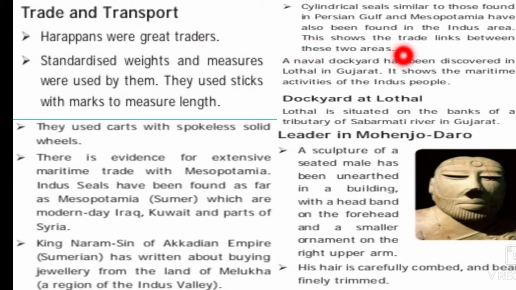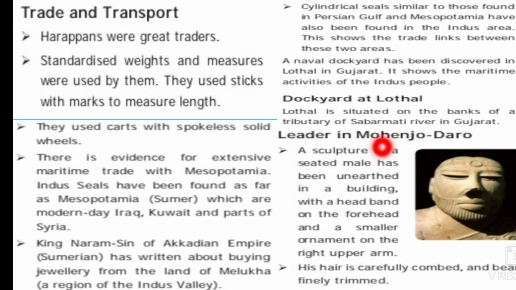This shows the trade links between these two areas. A naval dockyard has been discovered in Lothal in Gujarat. It shows the maritime activities of the Indus people. Lothal is located on the banks of a tributary of the Sabarmati river in Gujarat.